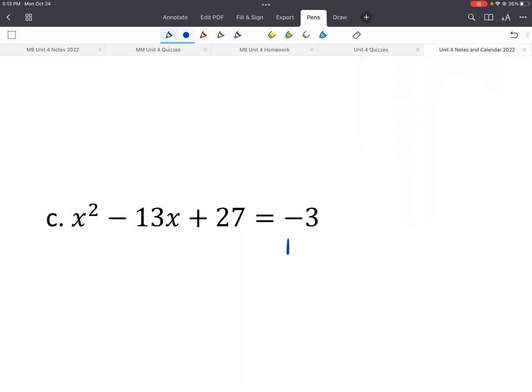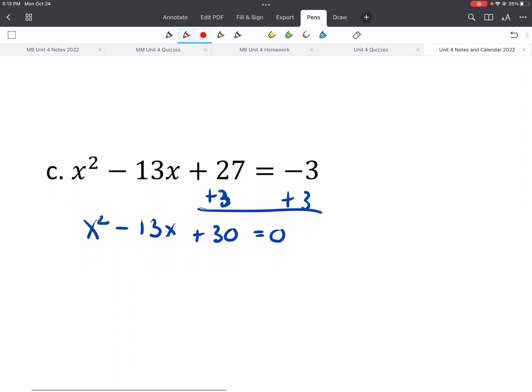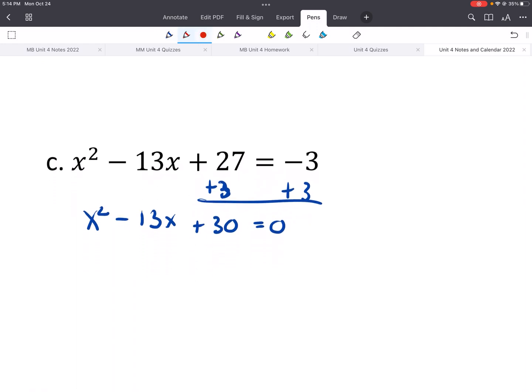Okay, so here's a couple other examples. Add 3. So that gives us, oops, I don't know why I did 30. Because that's what it adds to. So it adds to 30. Okay, so I think this will be nice. Try factoring: it needs to multiply to 30 and add or subtract to give us negative 13.